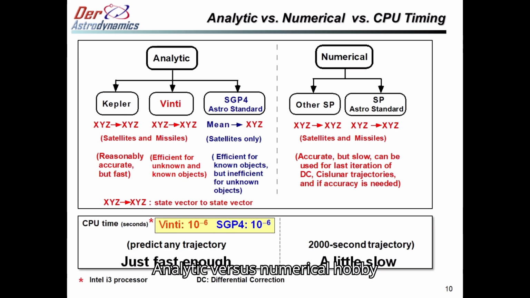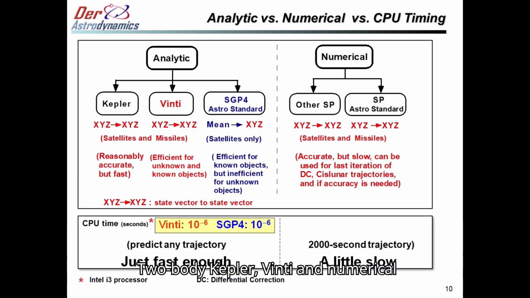Analytic versus numerical orbit propagation and CPU timing comparison. Input-output: two-body Kepler, Windy, and numerical integration use ECI state vectors, but HB4 uses known mean orbital elements in TLE as input and ECI state vector as output.